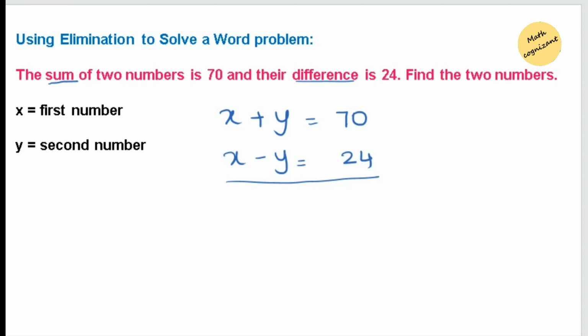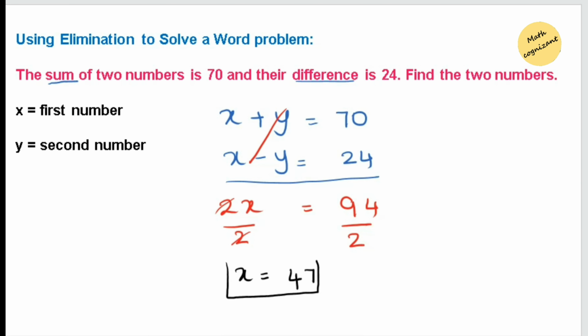Now solve for it. So we have the same coefficient with different signs. Let's cancel it out. So x plus x gives us 2x equals 70 plus 24, which is 94. Multiplication equation is here. Let's divide by 2. 2 and 2 get cancelled. x equals 47. Now place this value 47 in any of the equations. Let me take equation number 1.